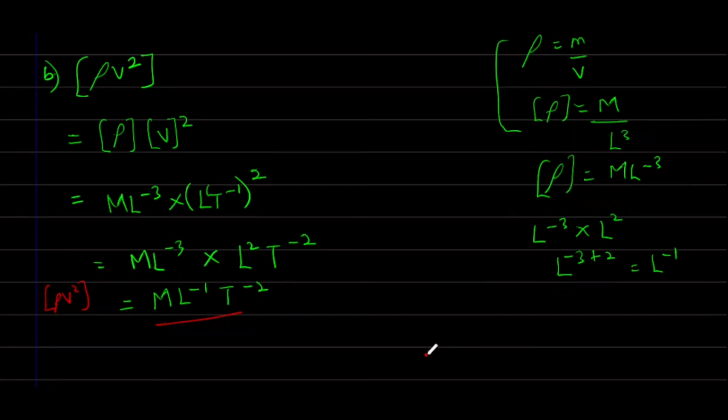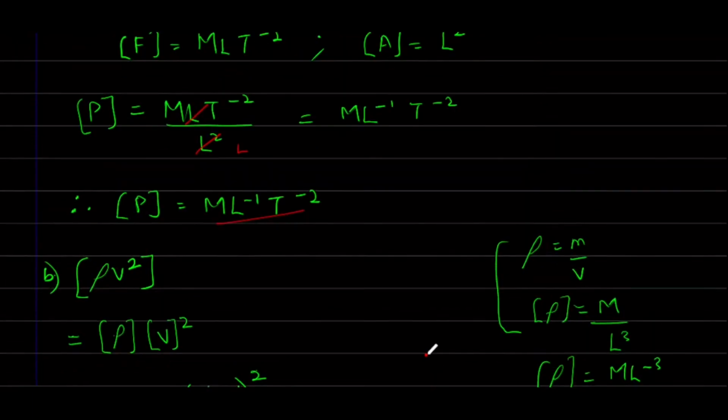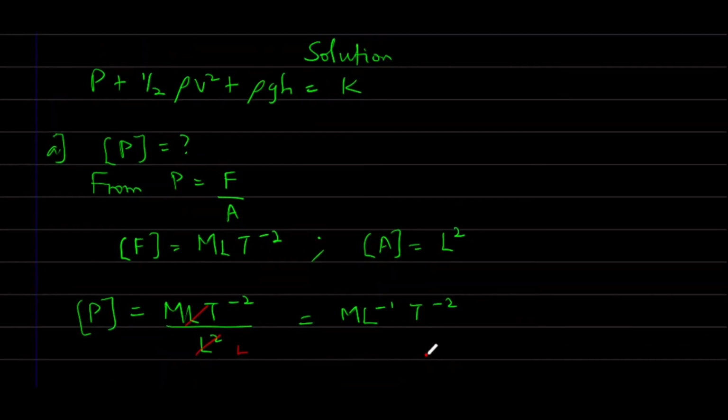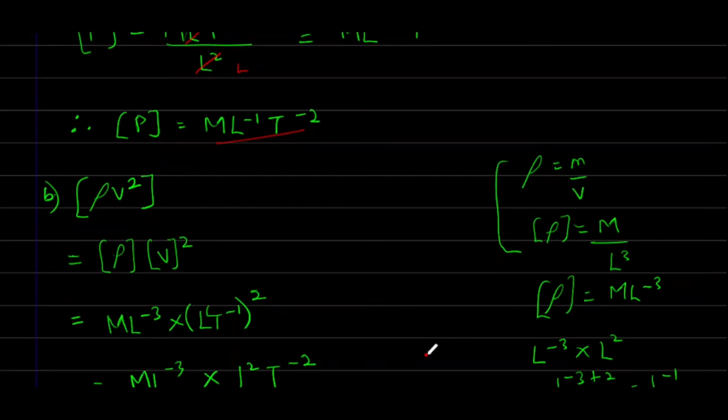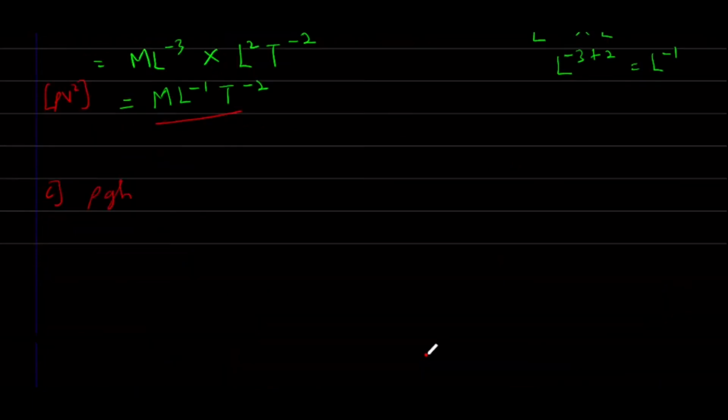So we are left with the third term of the equation, which says density GH. Now let's look at density GH. Density GH dimension, how are we going to do this? We can rewrite it as density dimension multiplied by acceleration due to gravity dimension multiplied by height dimension.